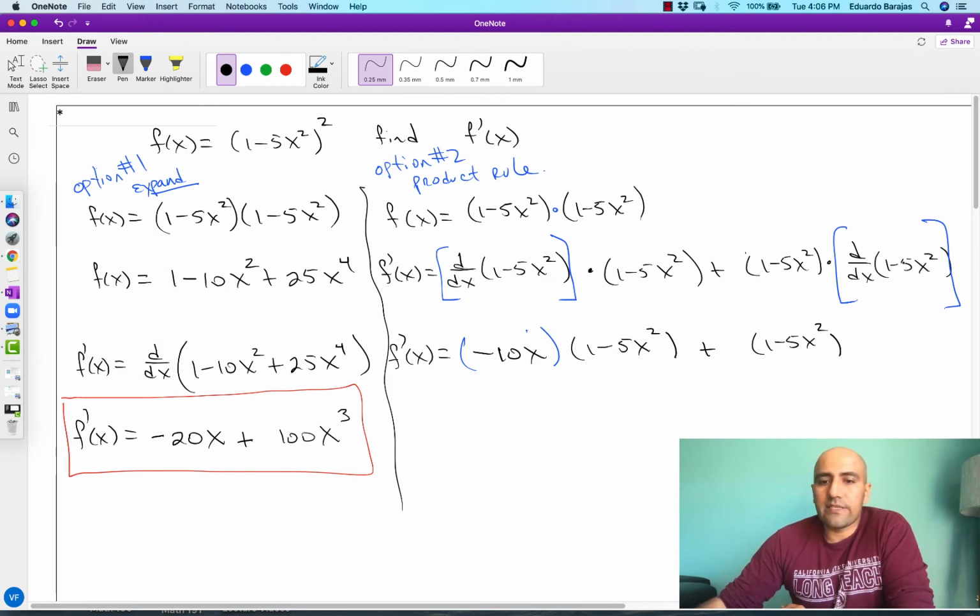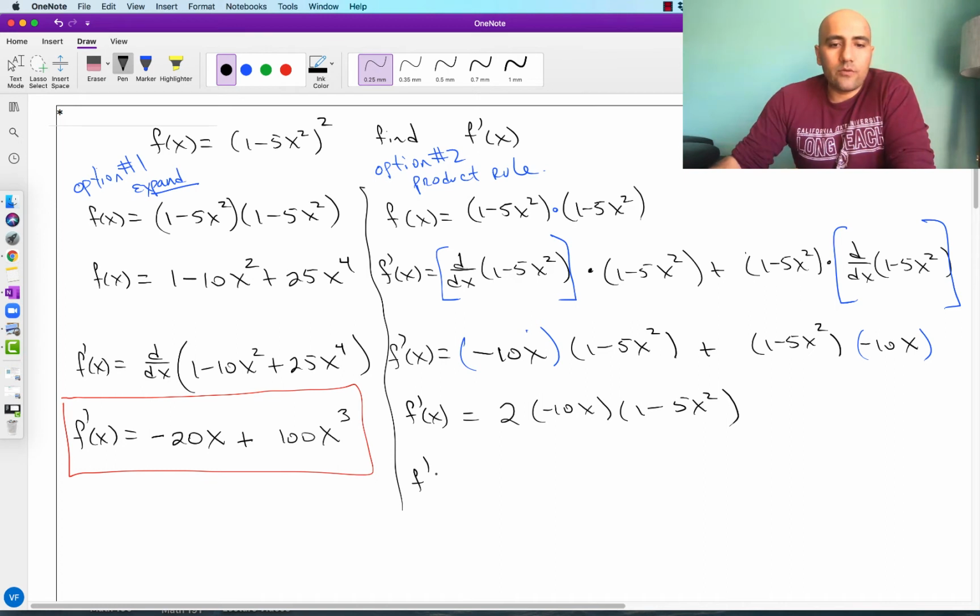And the derivative of this one is, again, the same thing, minus 10x. Okay, so we can combine them. There's two copies of things that are absolutely identical, so we can simplify it by saying that this is equal to twice one of these things. So twice negative 10x times 1 minus 5x squared.